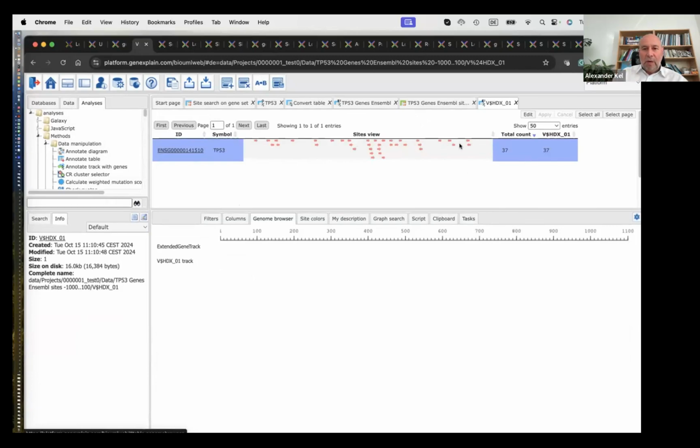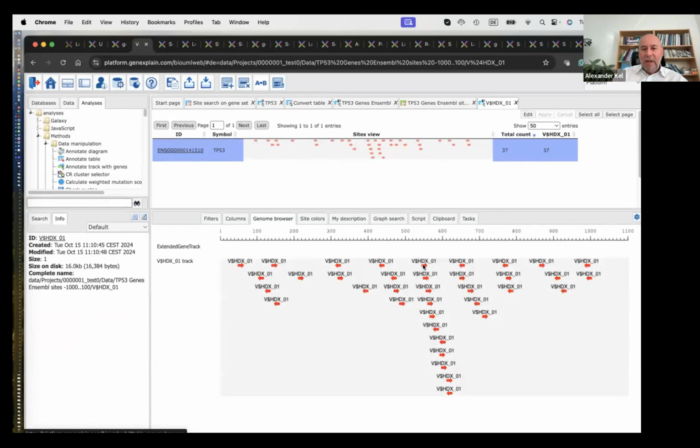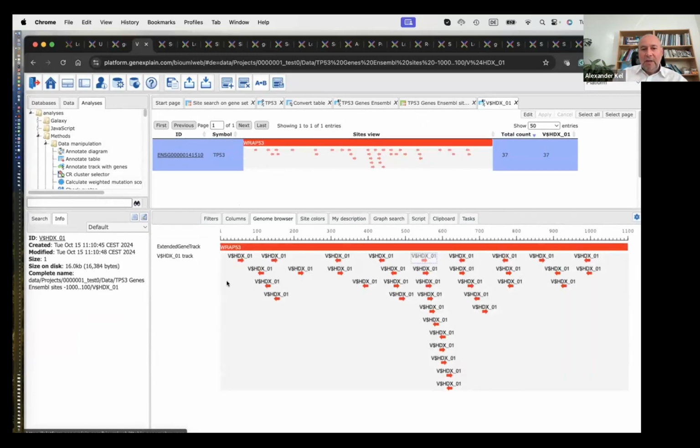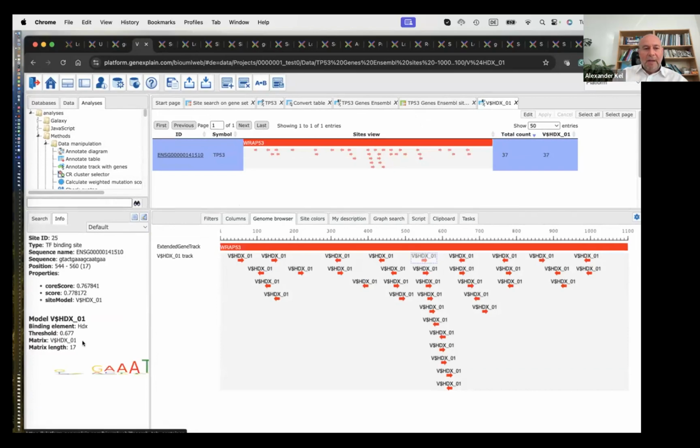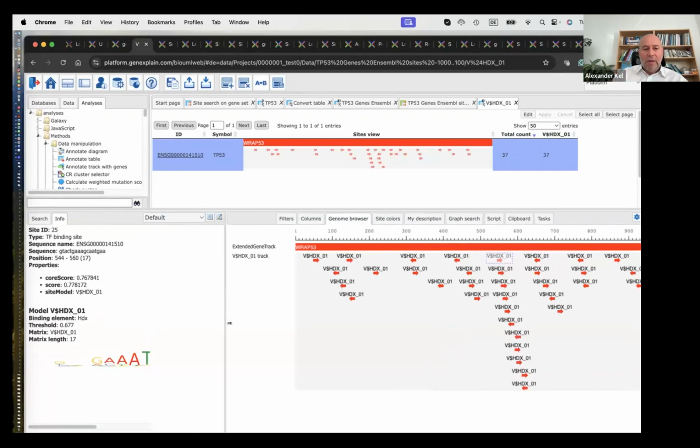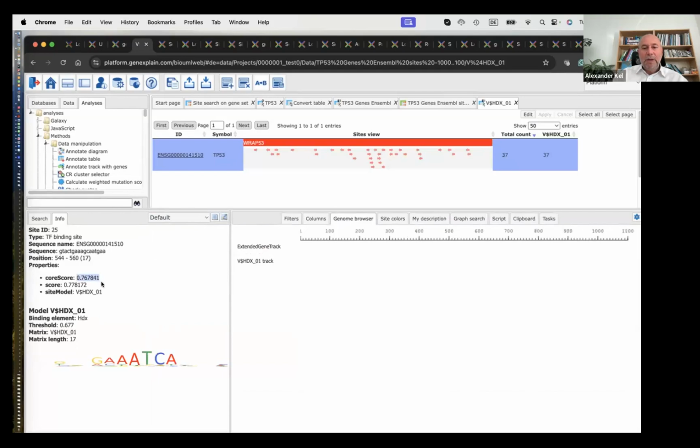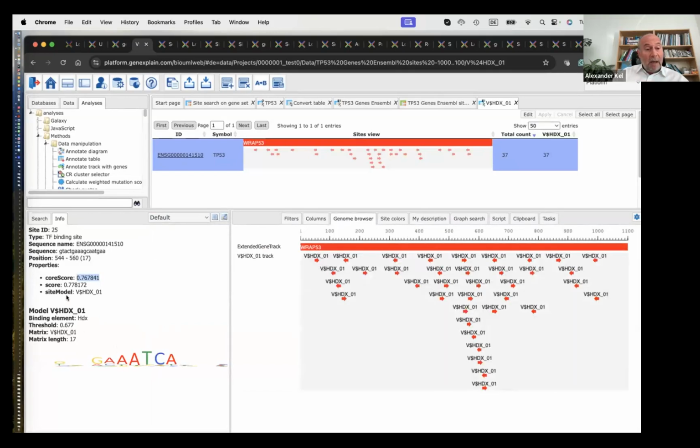You see, this is the promoter of the P53 gene, and in this promoter we see so many of these HDX sites. You can click on each site, and in the info box you see the cutoff, the score of that site, the core score, and the consensus of that matrix.